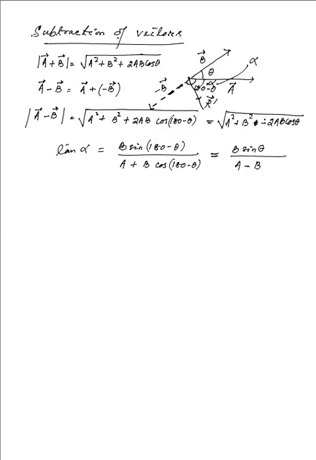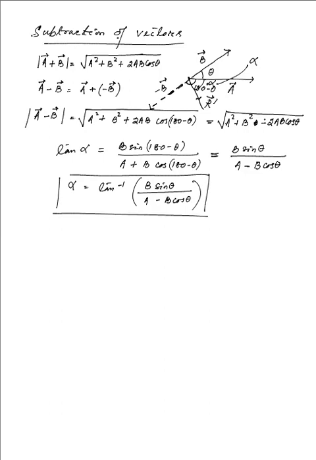So A minus B cos theta is in the denominator, and this is the tangent of the angle that the resultant makes with respect to one of the vectors, in this case A. So you have the value of alpha equal to the tangent inverse of B sine theta divided by A minus B cos theta, and in that case you have the angle. In this case you have the magnitude as a whole. So that's more or less the magnitude and the angle part of it.